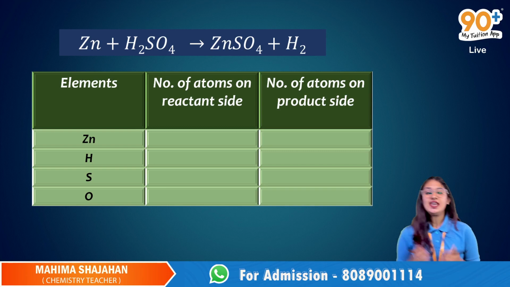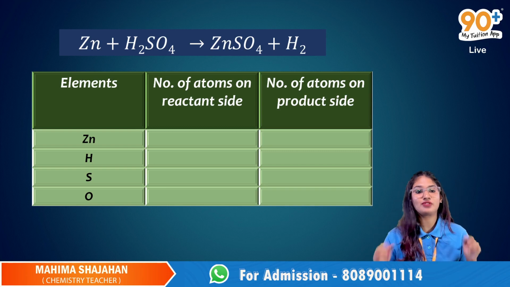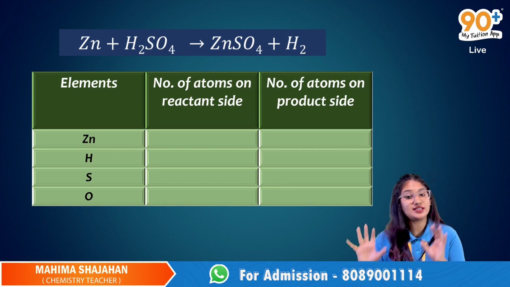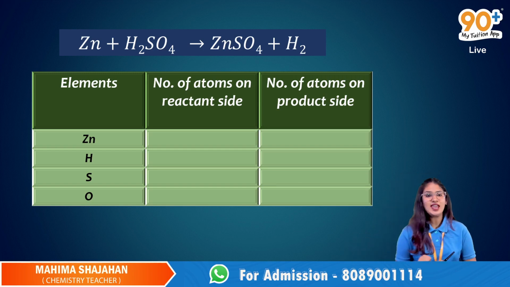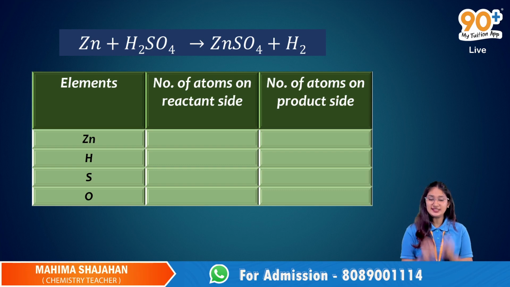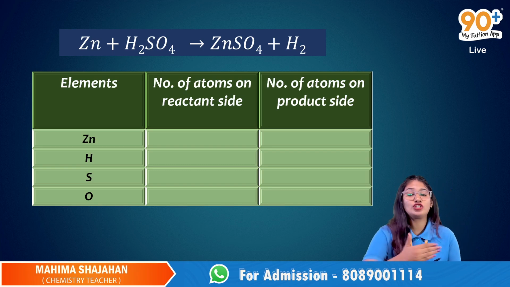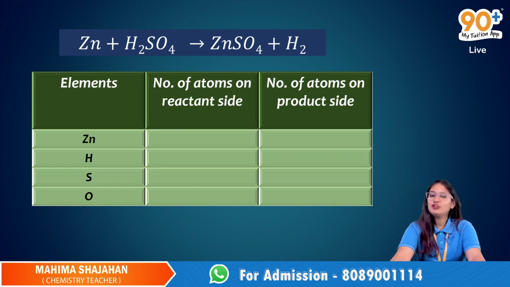All chemical reactions always obey the law of conservation of mass. The law of conservation of mass states that mass can neither be created nor destroyed in a chemical reaction.